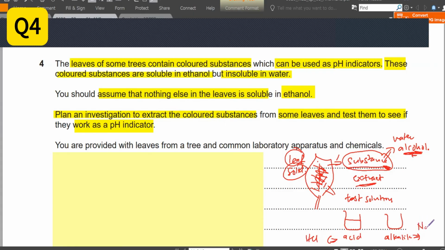For alkali, we can use sodium hydroxide. If we test this substance in the acid and then in the alkali, and it shows a color change, then it means it can work as a pH indicator. We are provided with the list from the tree and common laboratory apparatus and chemicals.